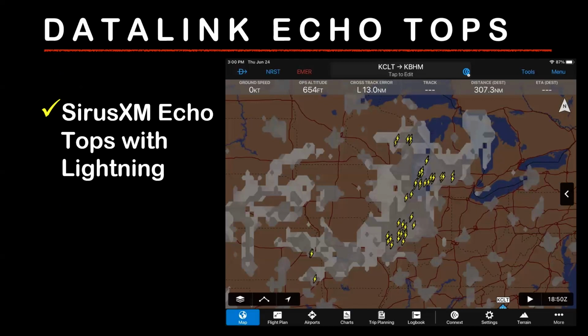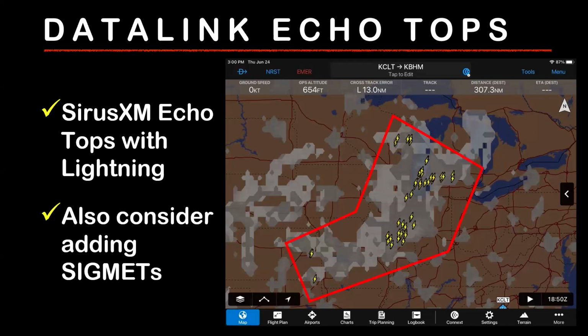With SiriusXM, this is showing Garmin Pilot, for instance. You can bring up the echo tops, which are color coded in this gray color coding, and then you can overlay the lightning over top of that so you can see where the nasty areas of weather are located. But you also want to add, for instance, the SIGMETs over top of that.